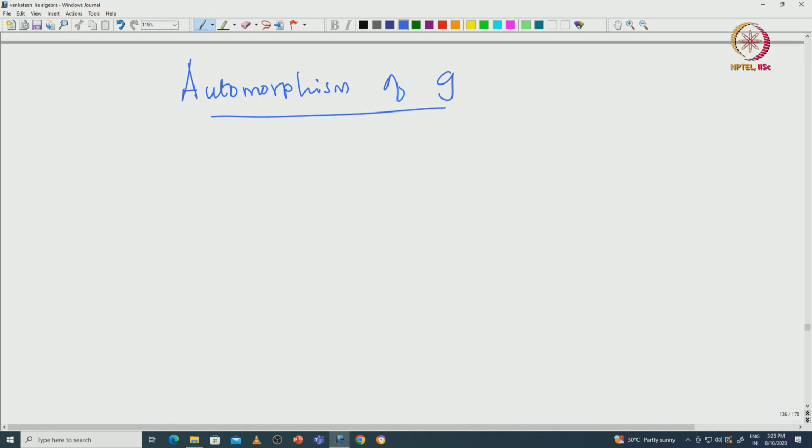An automorphism of G is an isomorphism of G onto itself. If you have a map phi from G to G, it is an automorphism if phi is an isomorphism. So, phi must be linear and a Lie algebra homomorphism, plus it should be bijective.